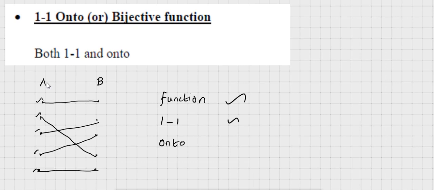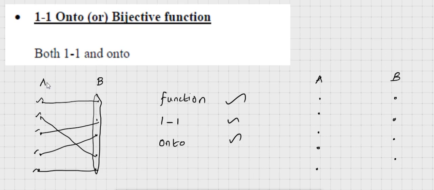Onto means just simply check all the elements in the output set were filled out. See here, all the elements of the output set were filled out, right? So onto is also satisfied. This is possible only if you take the same number of elements in both the sets. Otherwise it is not at all possible. See, for example, here I am taking 5 elements and here I am taking 4 elements.